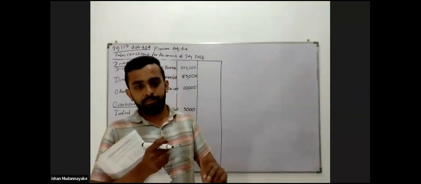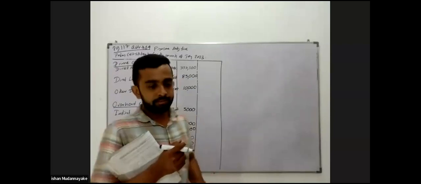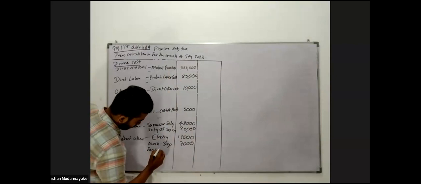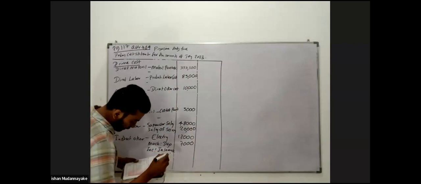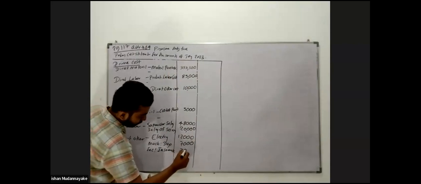Therefore, it is indirect other, not direct. Factory insurance, indirect other, 3,000.